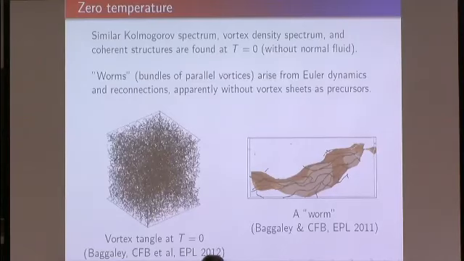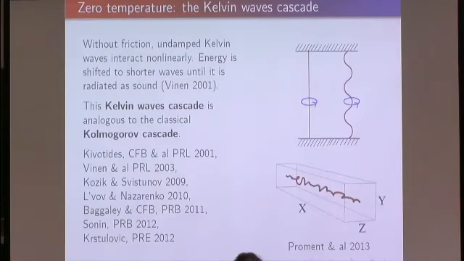Not always, it depends exactly on how we force the system, but we can actually produce tangles of vortices like you see in this picture, which have a Kolmogorov spectrum, which contain regions of intense vorticity, and whose frequency spectrum of the vortex length scales exactly as at higher temperature. Now there is, however, some new physics which is taking place at very low temperature, and I want to tell you about this problem because it's quite important.